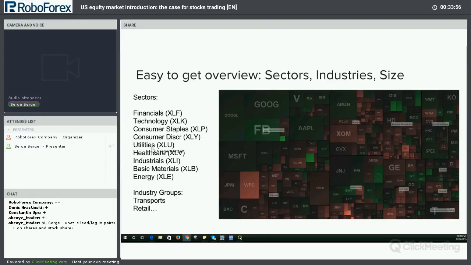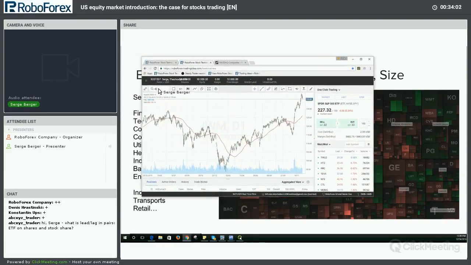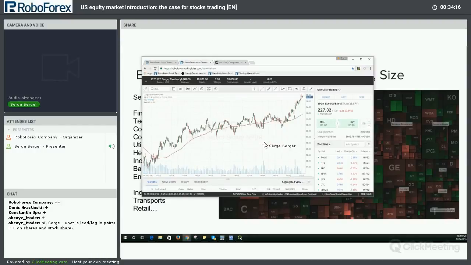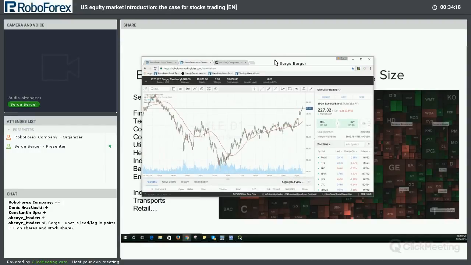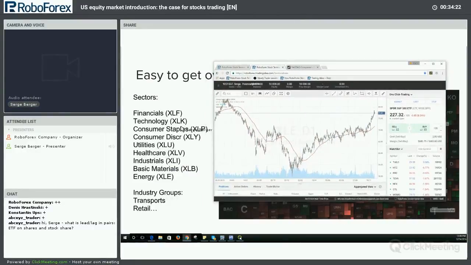And these exchange traded funds, which, by the way, are all tradable on the platform. So all you have to do is go into the platform and type in the according ticker symbol. For example, here is the symbol for the XLE energy sector ETF. That's this one here.